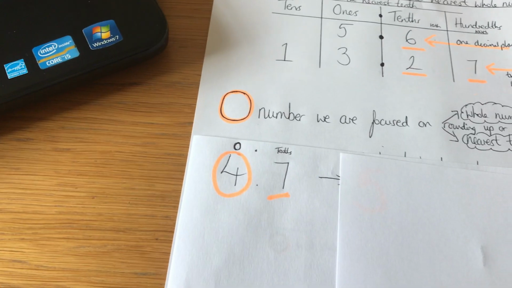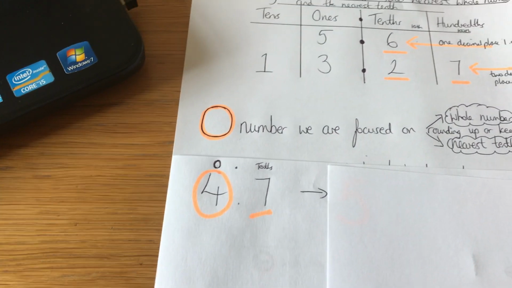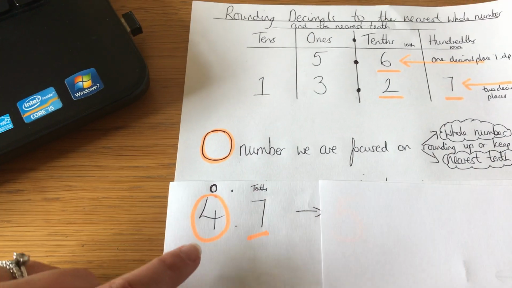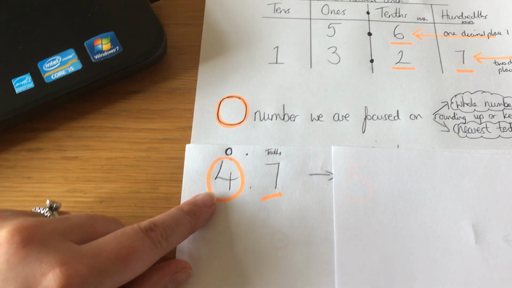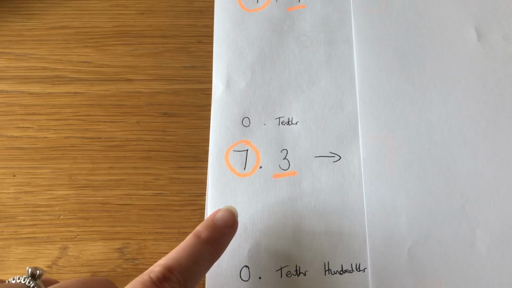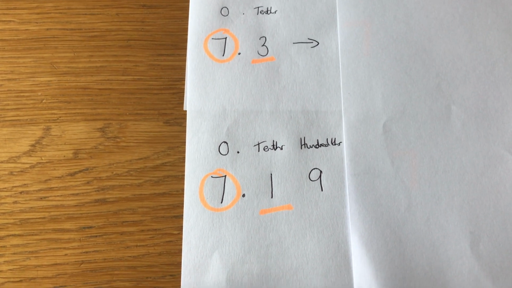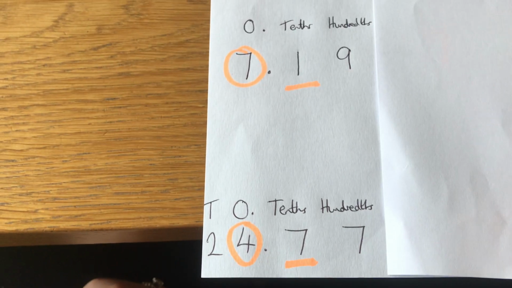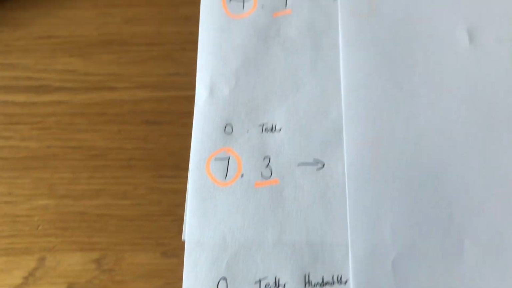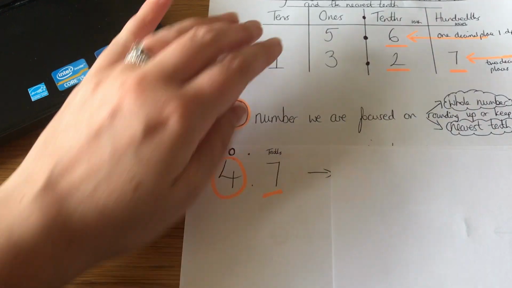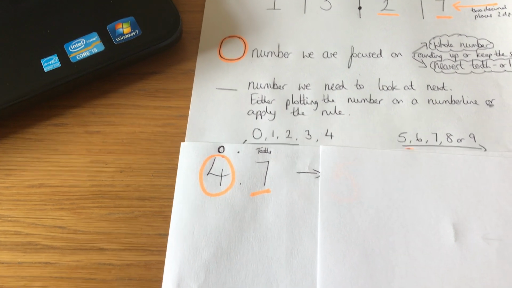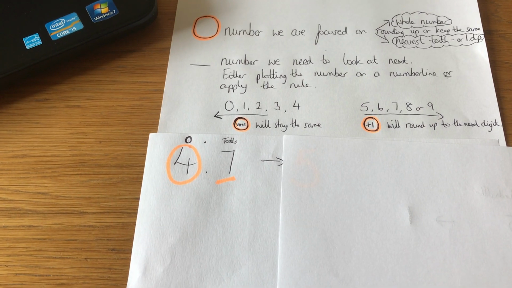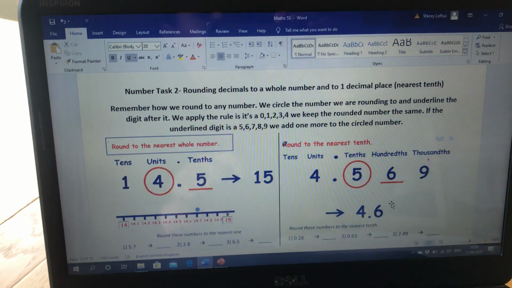So we've got 4.7. Now we're going to focus on circling our whole number. In each of our 4 examples, I have circled my nearest whole number, and I've underlined the number next to it, because then we need to look at this number and apply the rule that's here on my sheet and on your computer screen.